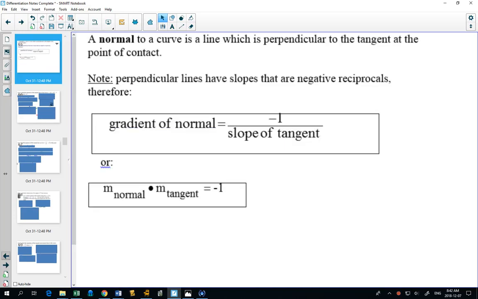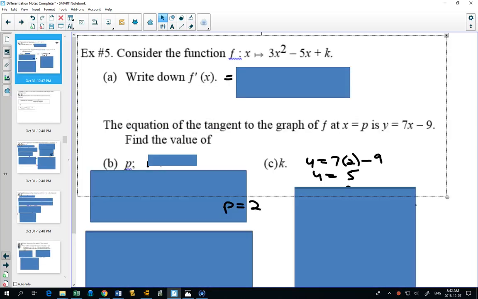If we're working backwards, what's going to help us? They told us the equation of the tangent line, 7x minus 9. How does that help us?